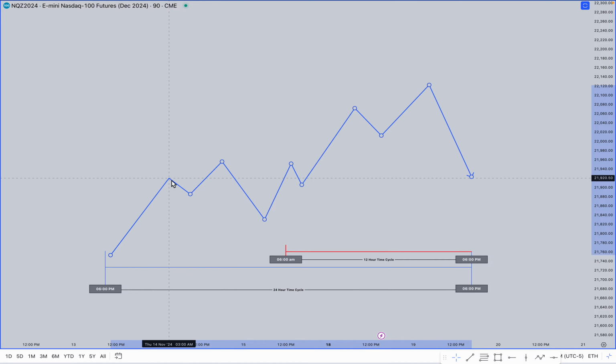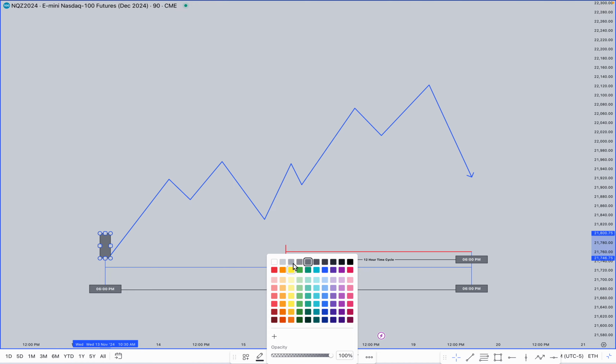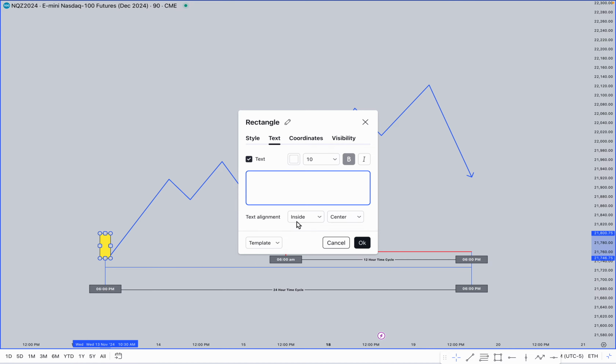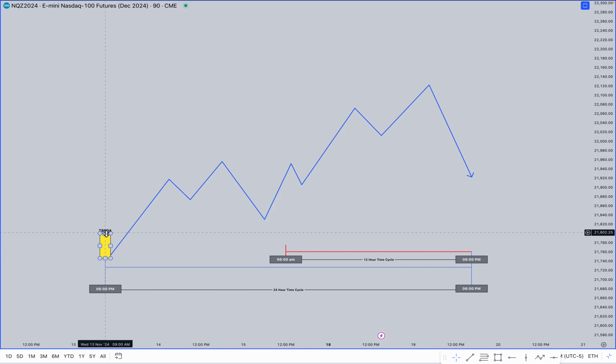Let's do this. Now you have two PD arrays, right? The first one formed right here, right? We'll make that yellow, right? That's your first PD array. Place it above and then say this is your time-based PD array, right?